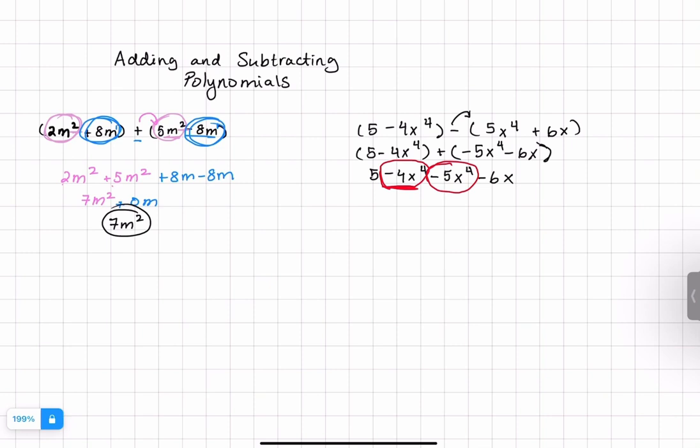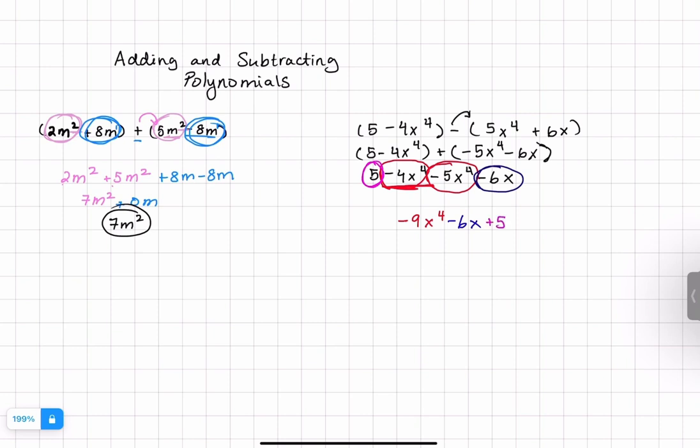Then we have negative 6x, and then we have 5. Great. So we can operate this. Negative 4 minus 5 is negative 9x to the 4th. And then negative 6, so minus 6, plus 5.